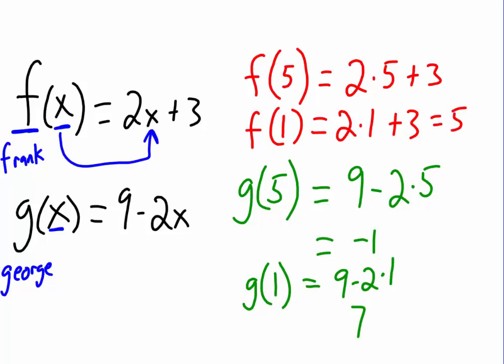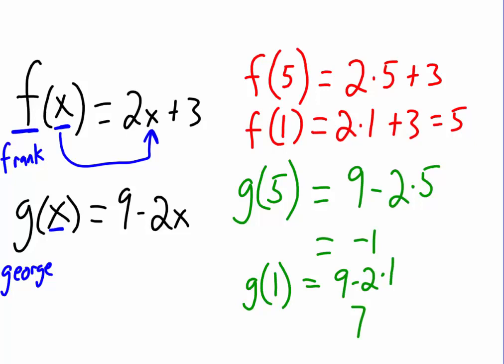Equals 5. So if we're only giving them like $1, it's better to actually give it to George than it is to Frank. But if we are giving them $5, it's better to give it to Frank than it is to George. I kind of hope that makes a little bit of sense.